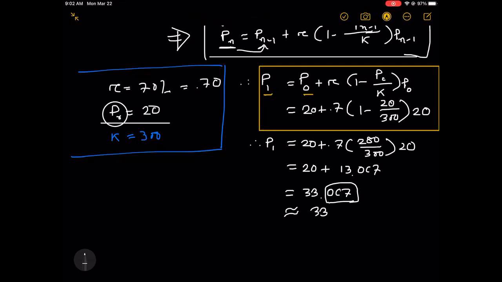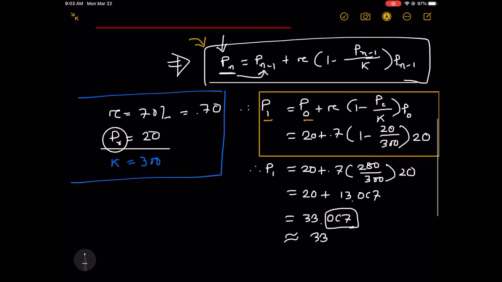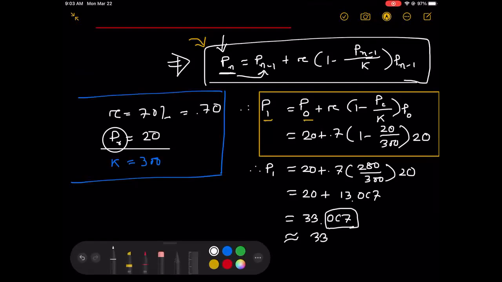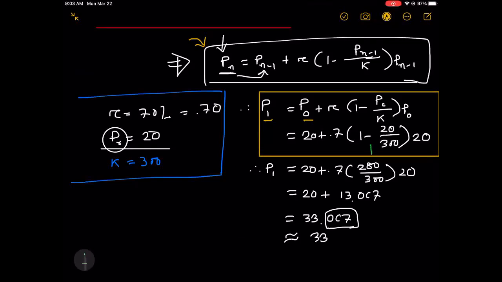Any question before we move to P2? I had a really quick question, and you may have said this. When it's the equation below the yellow line, is that 280 divided by 300? Yeah, I've just modified it, I've just rewritten that, nothing else.